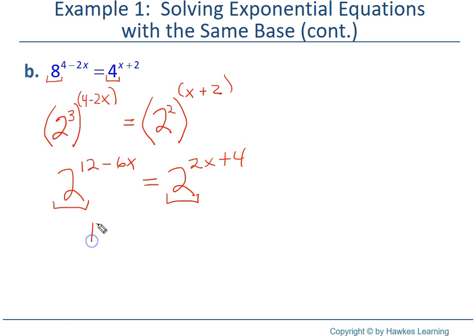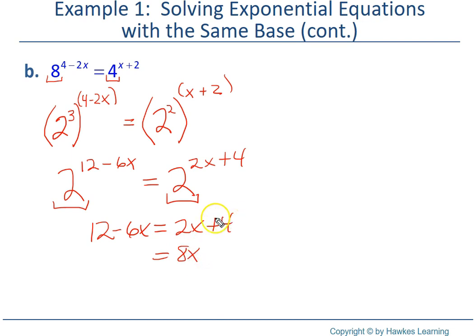So this gives us 12 minus 6x equals 2x plus 4. Now I'm going to take the negative 6x over to this side as a positive 6x, add it to my 2x, and get 8x.